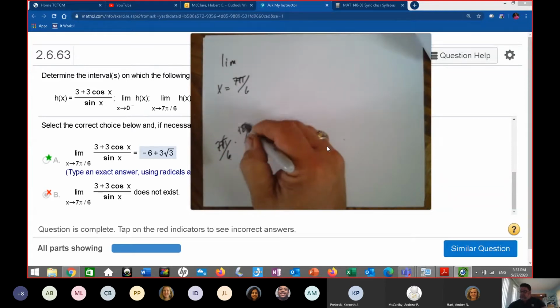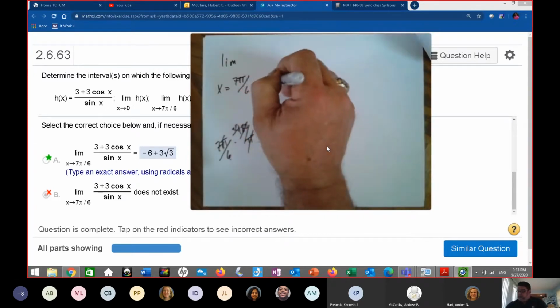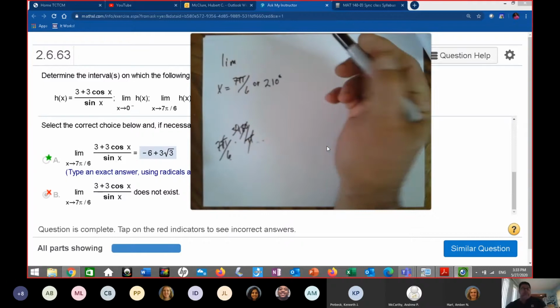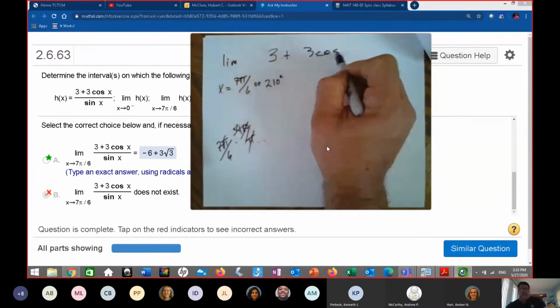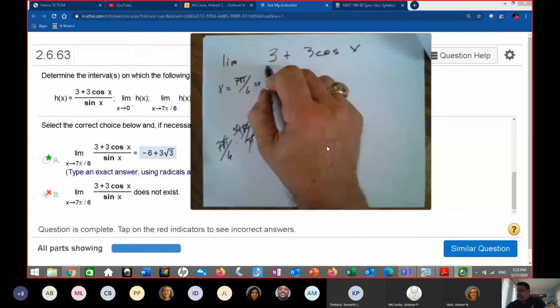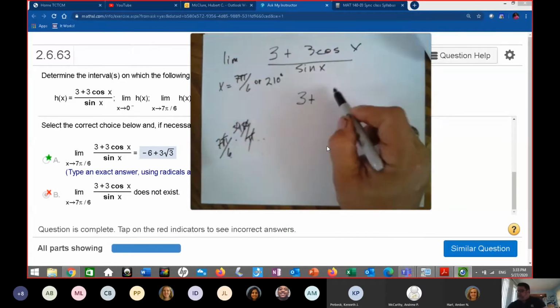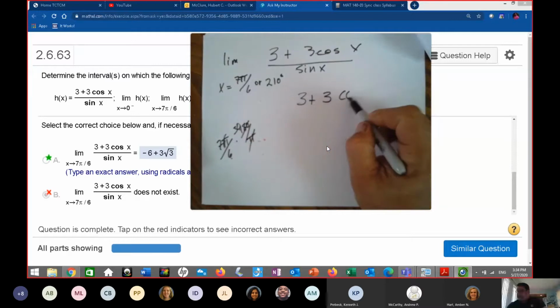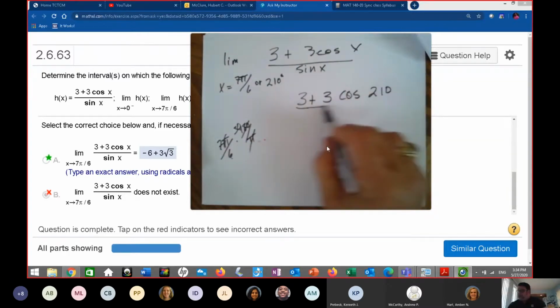And I get 6 into 180, that'd be 30. 210. So 210 degrees of 3 plus 3 cosine of x over sine of x. 3 plus 3 cosine of 210 over sine of 210.